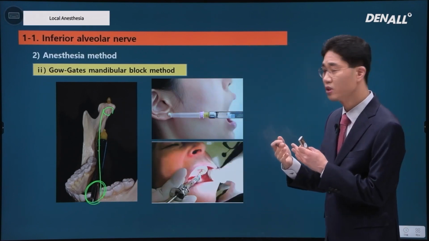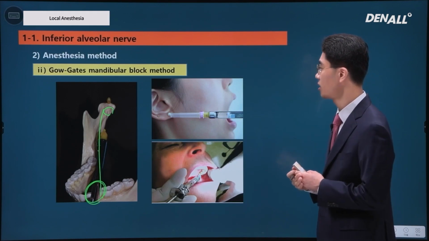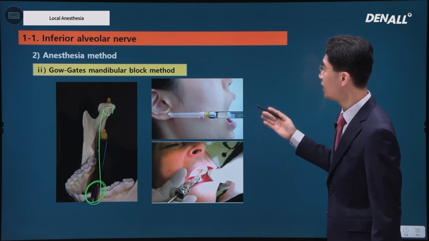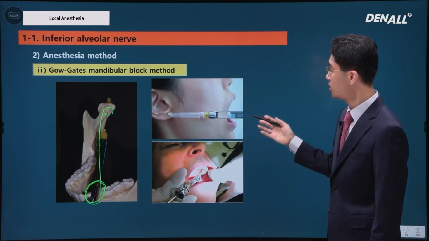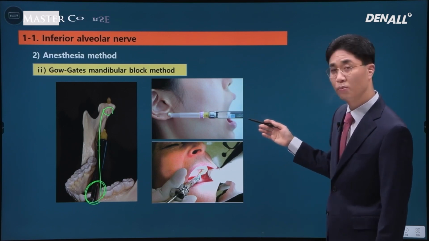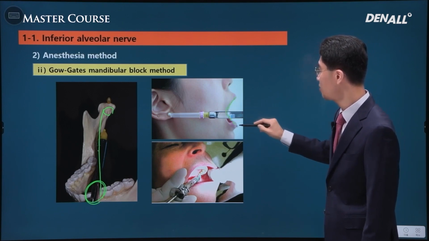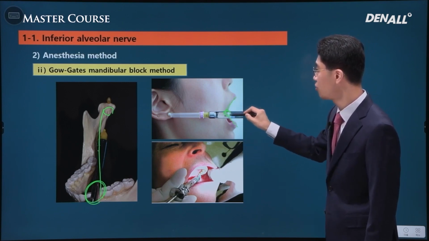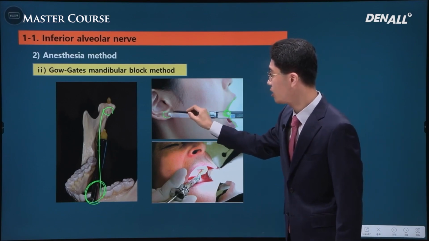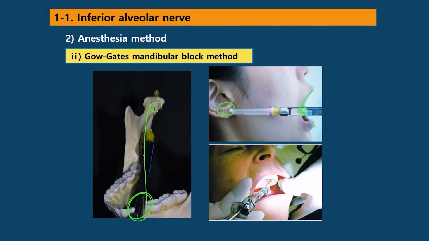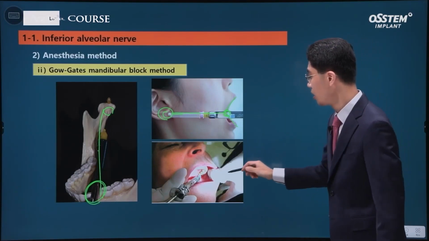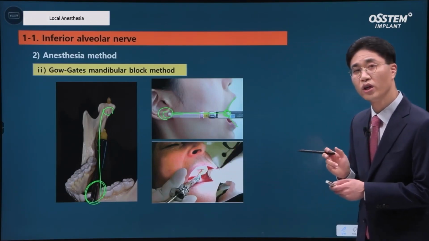When the patient is opening his or her mouth from the side, from below the patient's tragus area or the patient's ear, this is the angle you get. This is how block anesthesia is performed using Gow-Gates method.